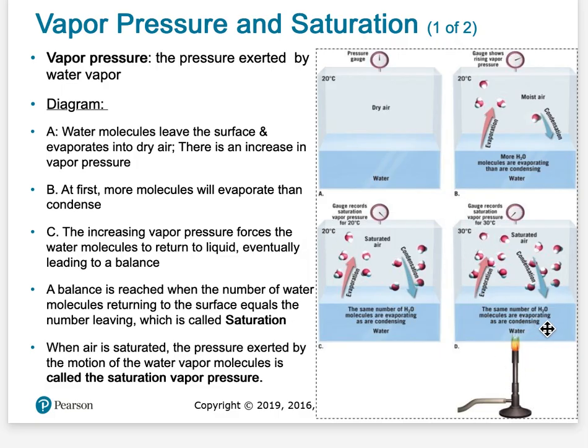And the same number of water molecules are evaporating as are condensing. But it's important to note here that the air in this closed container warmed and it can hold more water vapor to become saturated. So in this case, there are 7 water vapor molecules and then 7 returning back into its liquid state.